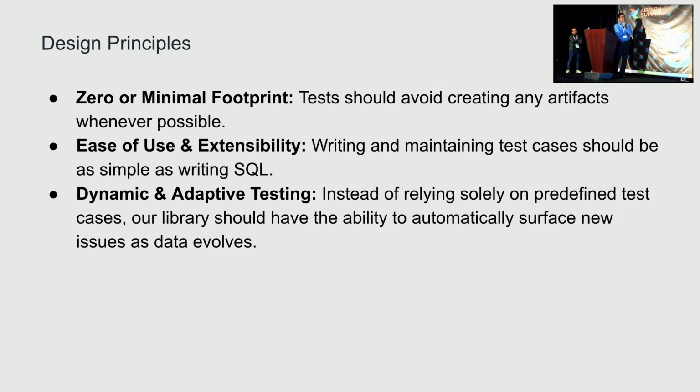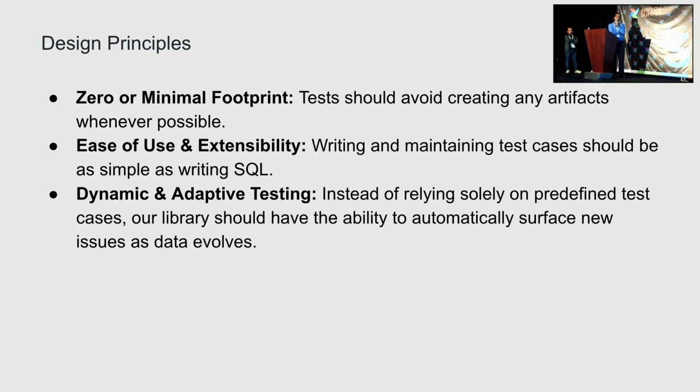And the third, which is also a very important one, is dynamic and adaptive testing. As you know, in a production system, the data evolves. When you originally wrote your SQL test, the data you were flowing through was always not null. Suddenly now you get nulls.